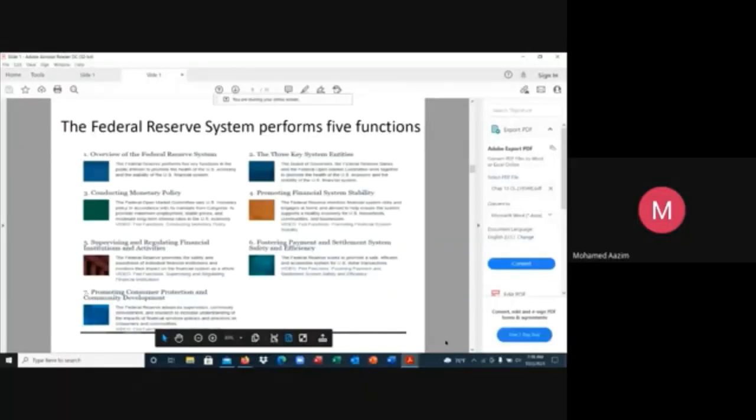We'll come to these things, but looking at conducting monetary policy and promoting financial system stability, as far as global central banking considerations are factored in, almost all the central banks in the world do this.